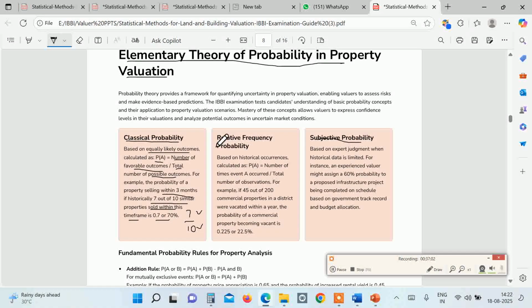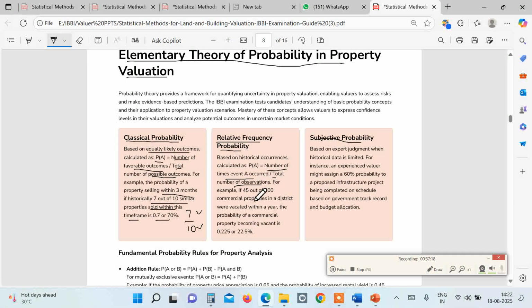Then second one is relative frequency probability. It is based on historical occurrences, calculated as number of times event A occurred divided by total number of observations.